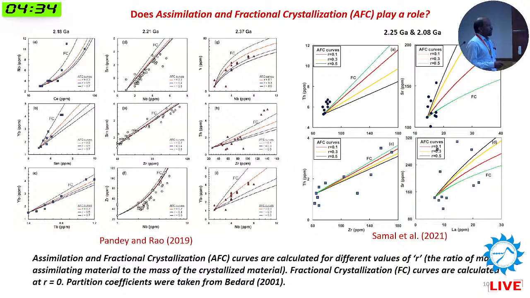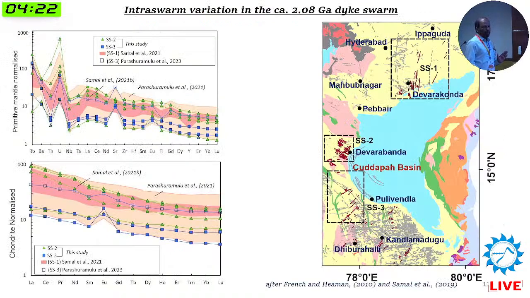We have also conducted this for 2.25 Ga and 2.08 Ga, and you can see the scatter of the data. That basically suggests AFC has not played a significant role in the magma evolution. I will come to the crustal part one minute later.